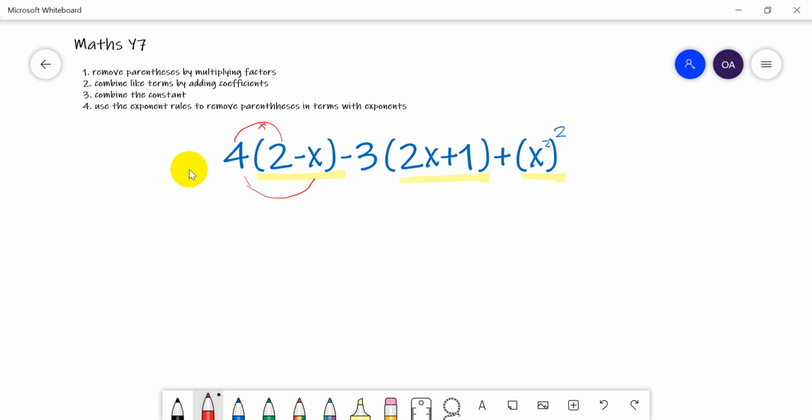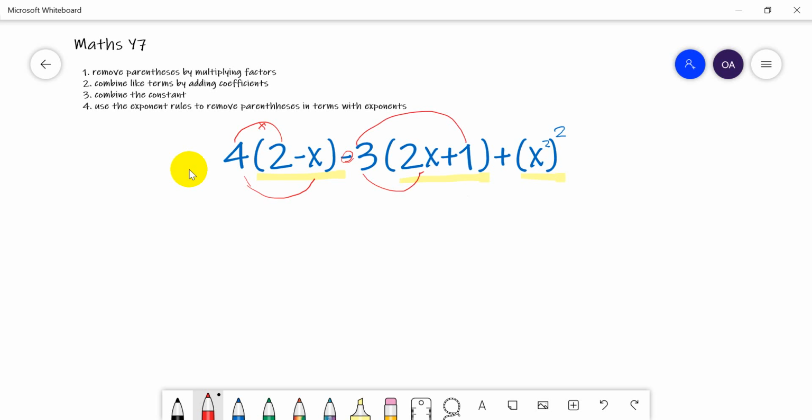For the second set of parentheses, we should multiply -3, since this negative belongs to 3. So -3 times 2x, and then -3 times +1.